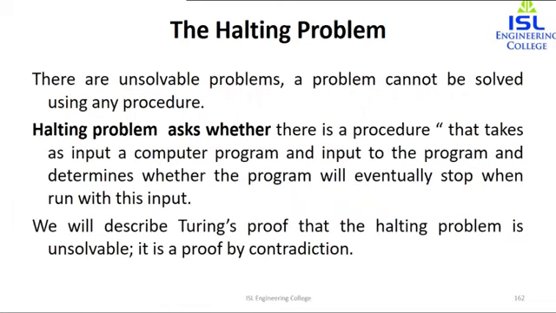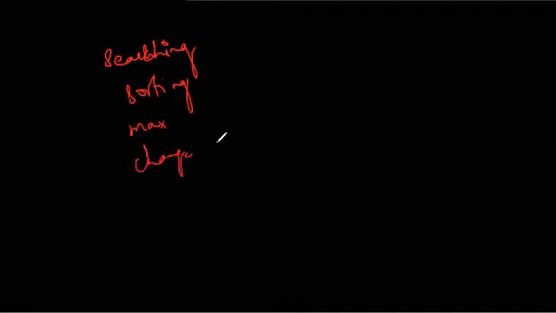After that, the next topic is the halting problem. There are many unsolvable problems. Till now we have seen problems like searching, sorting, maximum element, and the change making problem.